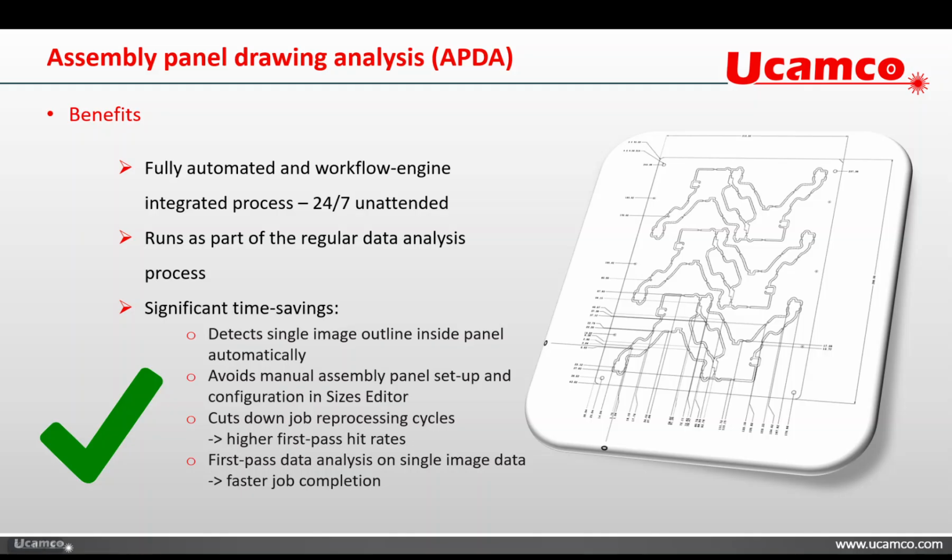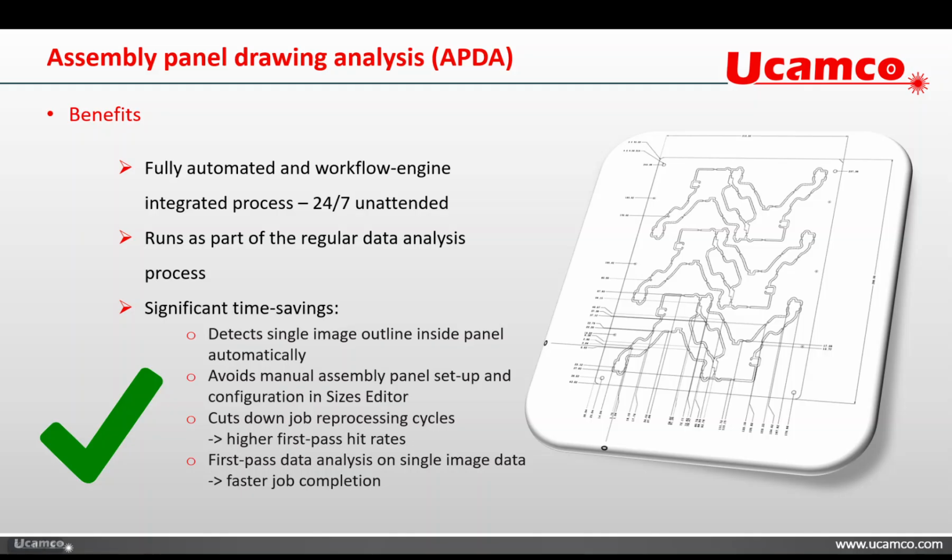Similarly, the same operator would then probably also have to go to the size editor to set up the panel, because you want the data about how many, and the position and spacing, to be part of your QED. So your operator would probably go to the size editor secondly, after defining the single image outline, to define the assembly panel in terms of spaces and size.